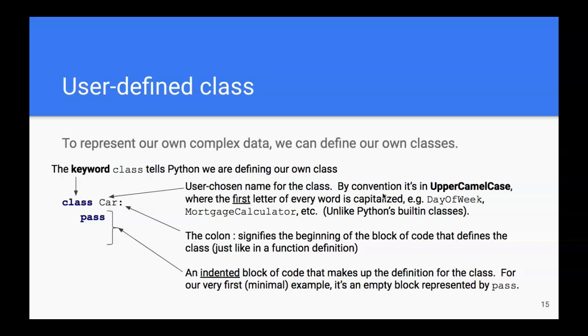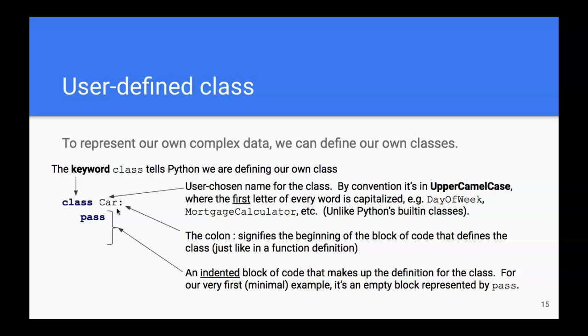By convention, which means this is what you really should do, the name is in upper camel case. What that means is if you put a bunch of words together, then the first letter of each word is capitalized.